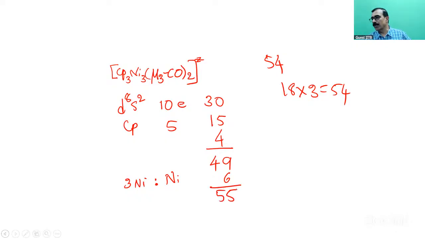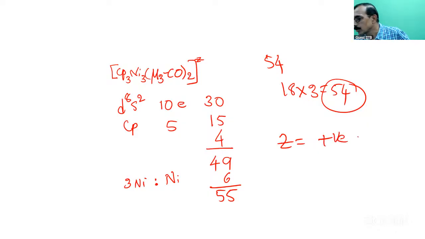If it's 55, what you need is 1, which means you have to get rid of 1 electron. So basically the Z should equal the positive charge. Now I will go back and put plus here, and go for the ionic method. This one will be 18, and later we will remove that one.